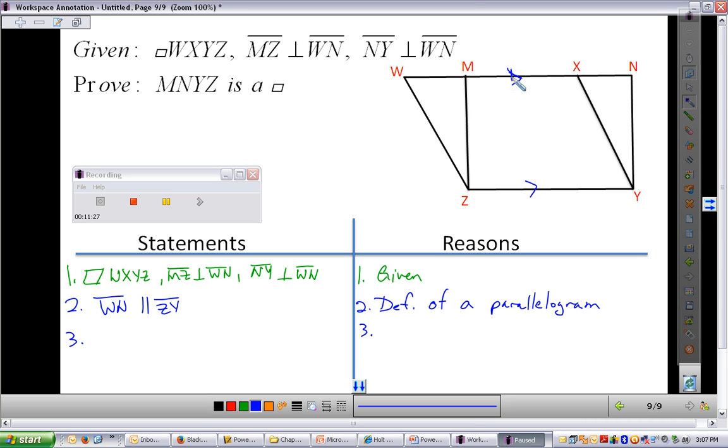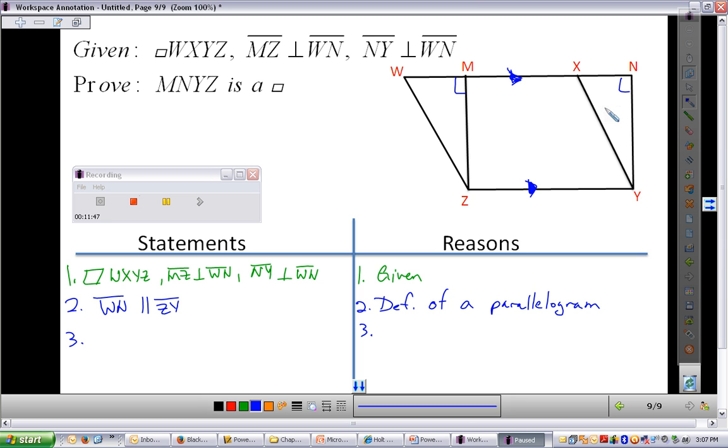If I've proved that the top is parallel to the bottom, the next thing I need to do, again, is to prove MZ parallel to NY somehow. So let's go back to what we know in our given. We have MZ is perpendicular to WN, forms a right angle. We have segment NY is perpendicular to WN as well.